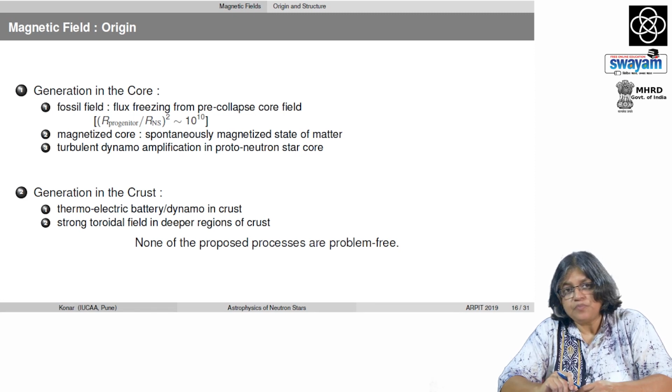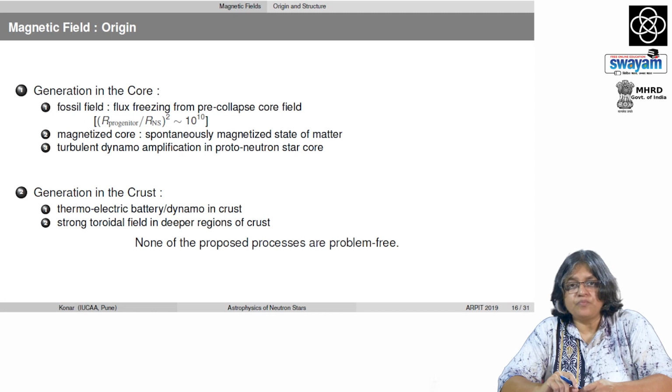The magnetic field can be generated in the core, or it may have been generated in the crust. Firstly, it could be a fossil field, that is, the progenitor of the neutron star had in its core some magnetic field.